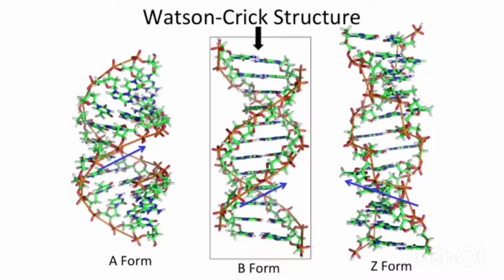Look at the arrows that follow the backbone in these images. The Z-form is left-handed DNA, and it too has almost no minor groove. B-form is the primary form found in cells, but Z-form can also be found in cells, and its formation is favored by certain sequences of bases. We'll focus on the B-form because it's the majority of DNA in cells.